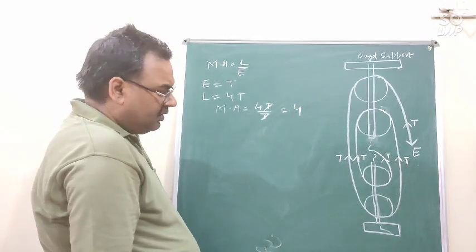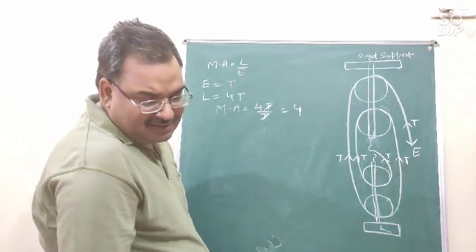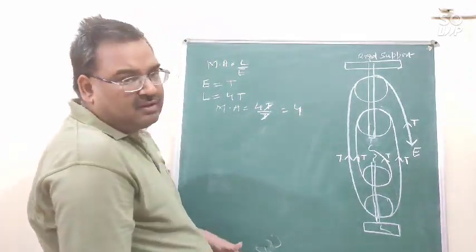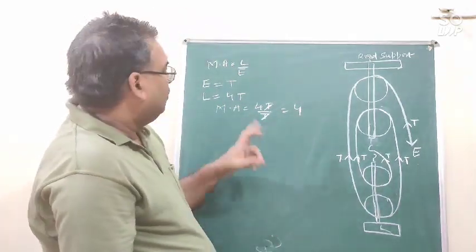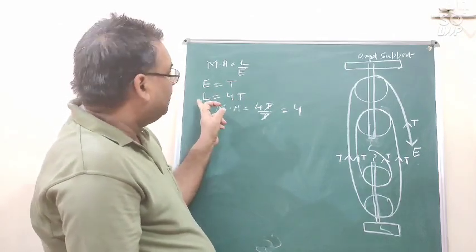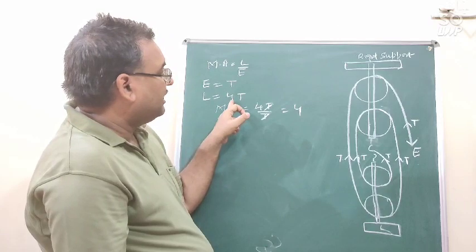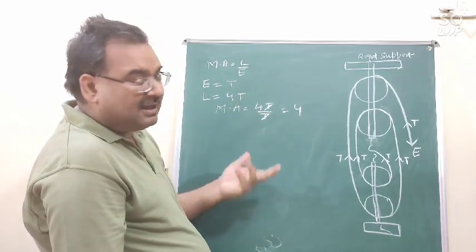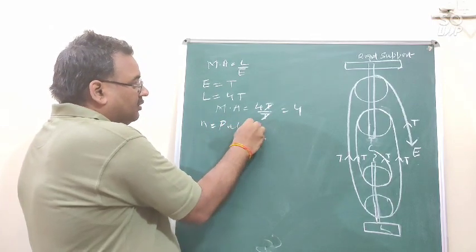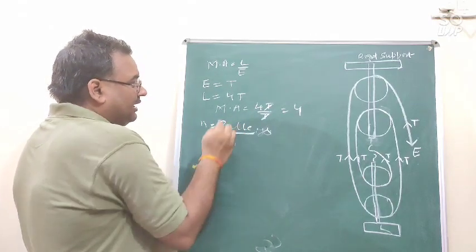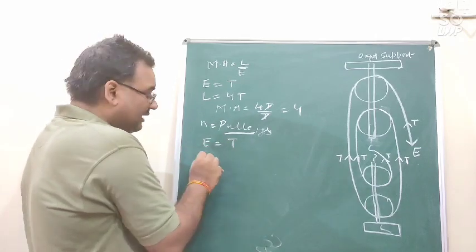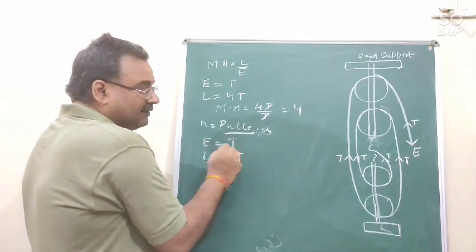Okay. Now if we generalize this, what we have seen is when there were 5 pulleys, the load was supported by 5 segments, so 5T. When we have 4 pulleys, the load is supported by 4 tensions, so 4T. If there are n pulleys, then E will always be equal to a single tension T and L will be equal to nT.